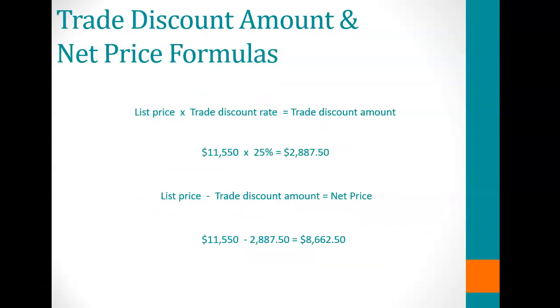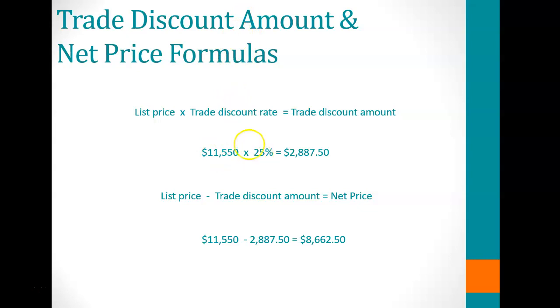In this first section, we look at the calculation of a trade discount amount to get the net price. So we're saying that the list price of an item is $11,550, but there's a trade discount of 25%.